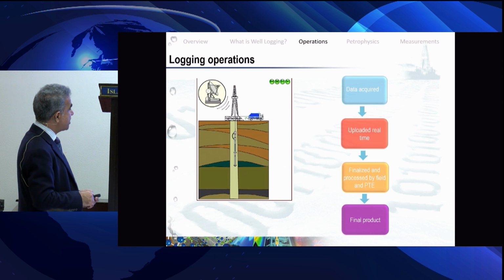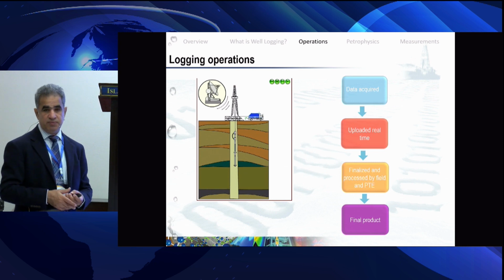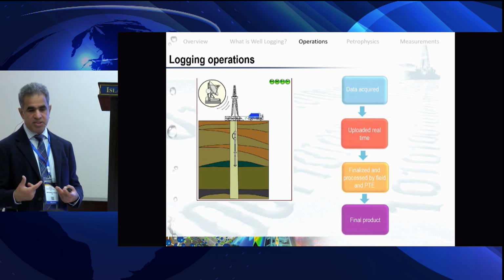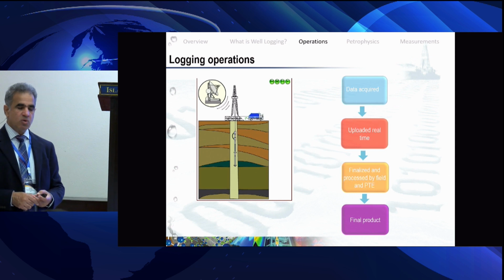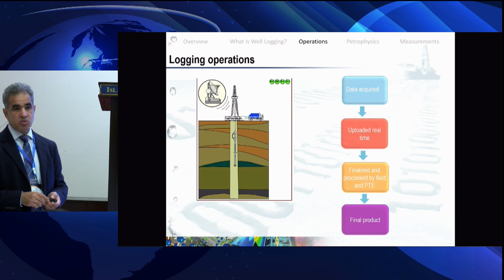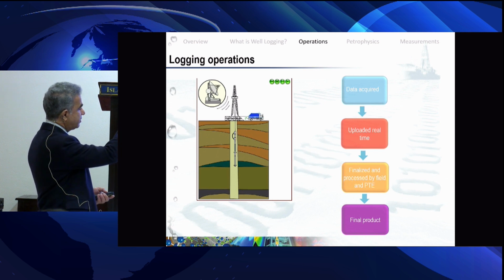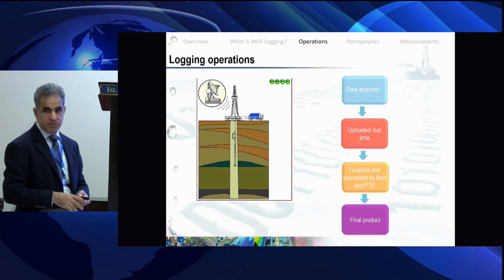In logging operations, as you see, we have real-time data transmission from the well site to the customer offices, as well as to our office, where different experts are looking at the data in real time and advising the field operations to adjust certain parameters and make certain corrections. Data is acquired and uploaded in real time through satellite connections, then finalized and processed at the well site.